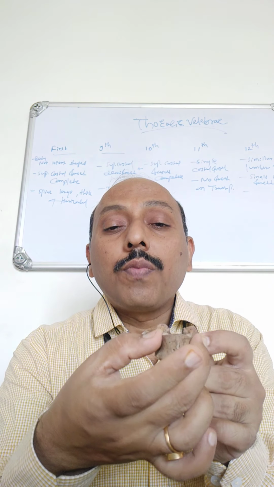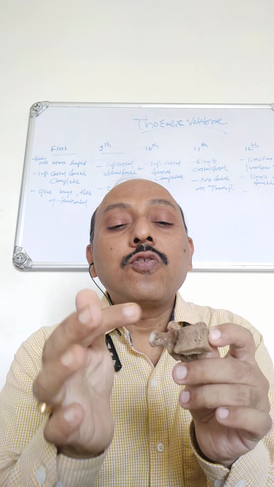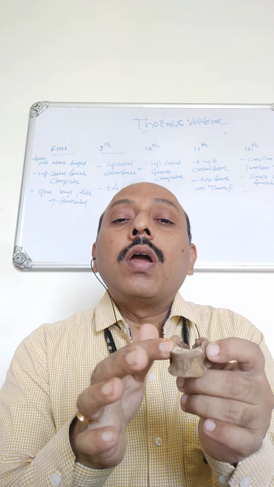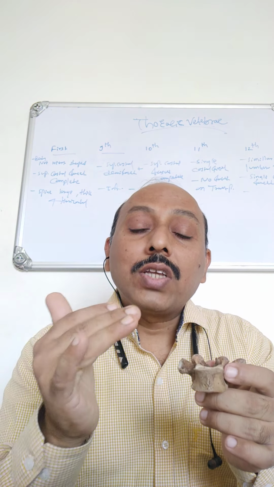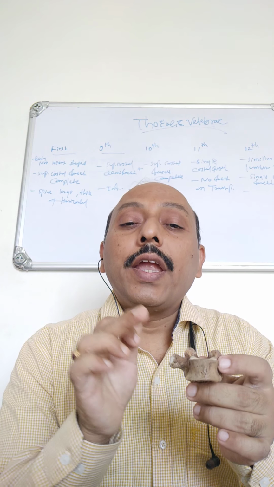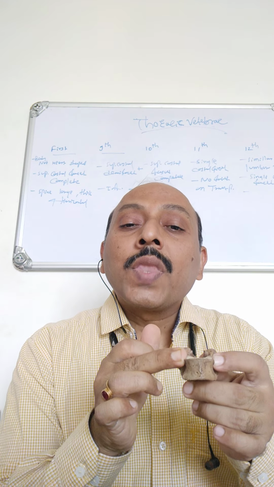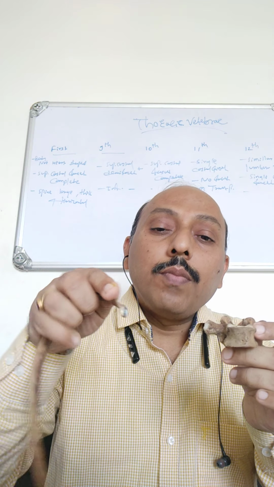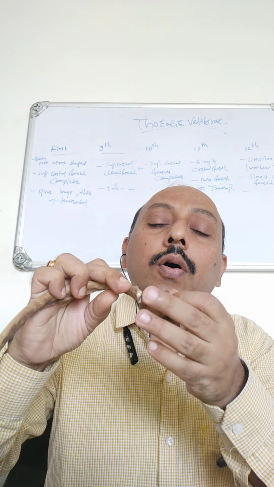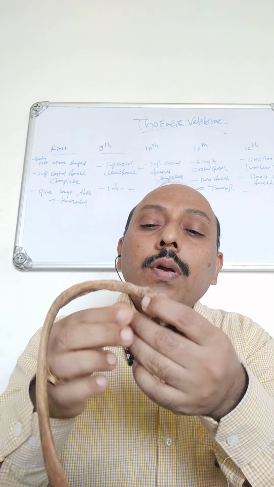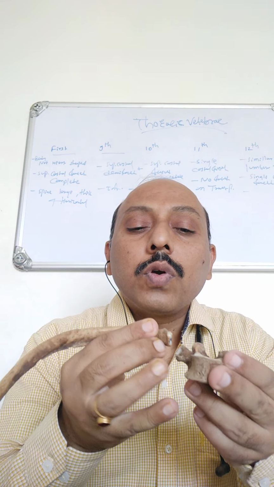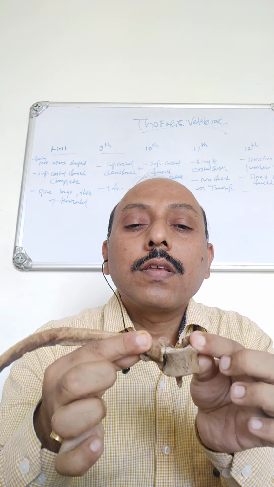The body of the thoracic vertebra has superior and inferior costal demifacets. The superior costal demifacet is large as compared with the inferior, and it articulates with the articular facet present on the head of the rib. It articulates like this.